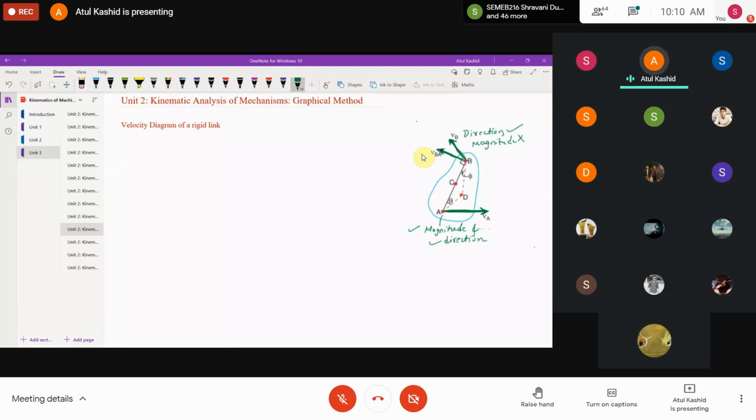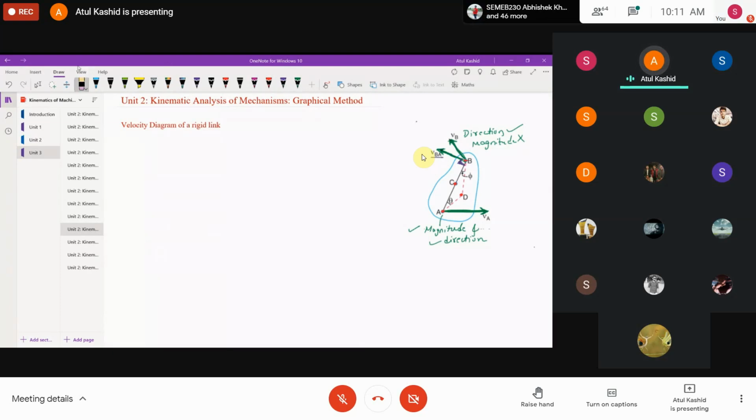So the direction of velocity of any point on a link with respect to another point on the same link, for example the velocity of B with respect to A, where both points B and A lie on the same link, will always be perpendicular to the link. So the relative velocity VBA is perpendicular to the link AB.